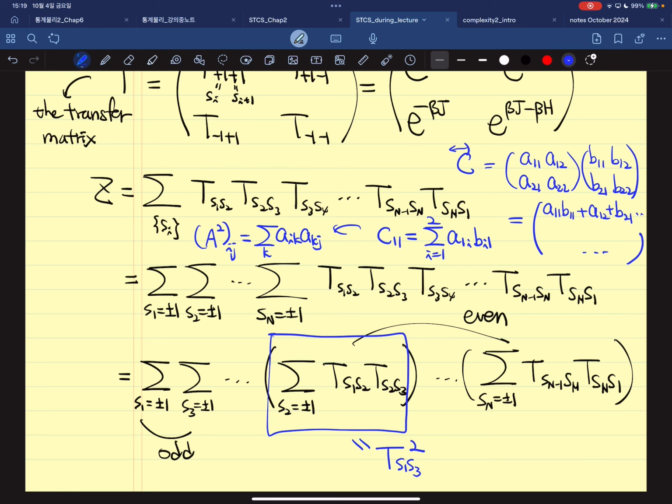So eventually, by using this formula, all the even indices will disappear and leave this square part.